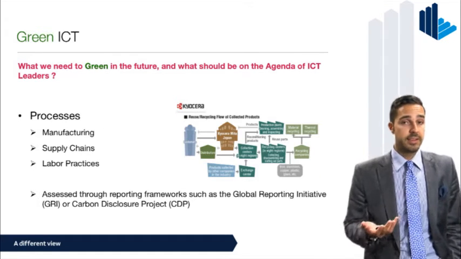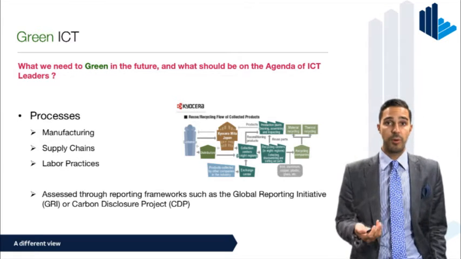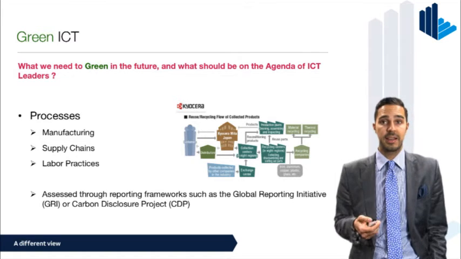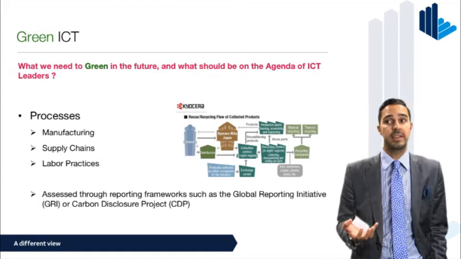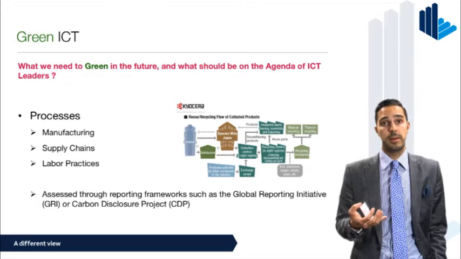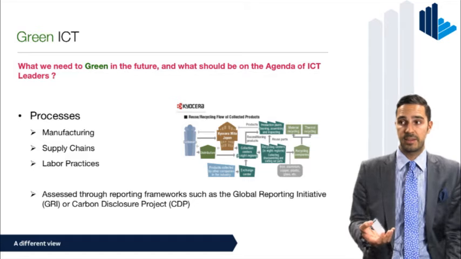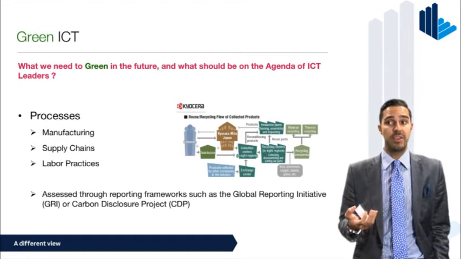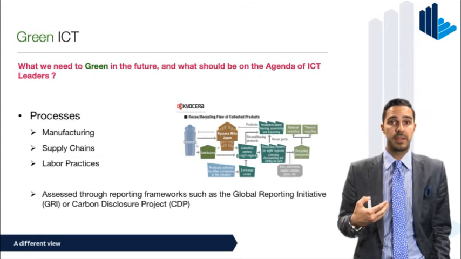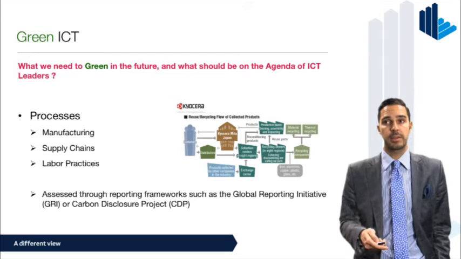Also, the ICT industry needs to evolve the manufacturing approach in a more sustainable way. This means, as we discussed previously in other classes, to rethink the manufacturing model, to rethink the supply chain activities, and also to develop more responsible labor practices. It's also important that the ICT industry engages with measurement and reporting activities so as to become a more transparent industry.